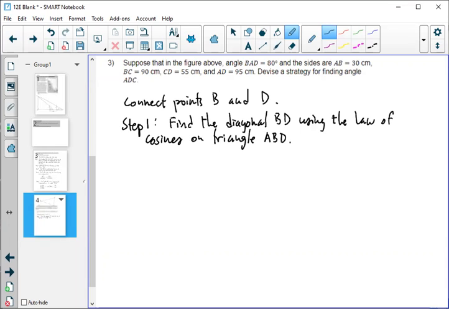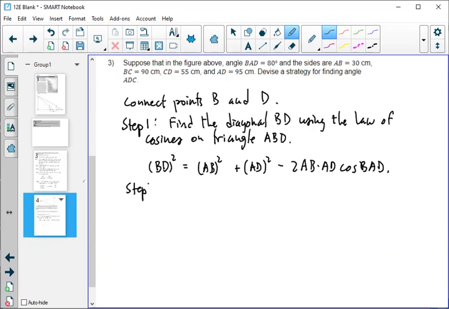And if we do that, we could write that as BD, that quantity squared, equals AB squared plus AD squared minus 2AB times AD times the cosine of BAD.